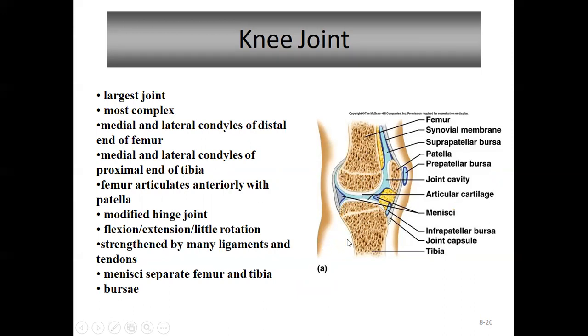The proximal end of the tibia is one of those lower leg bones, the end that's closest to the femur. Remember, a condyle is a projection at a point of articulation. There's one on the medial surface and one on the lateral surface of that tibia.